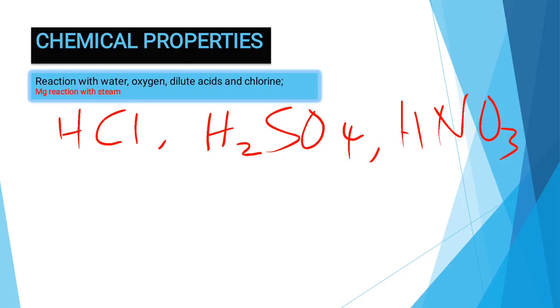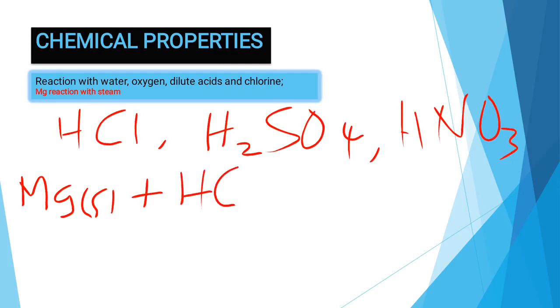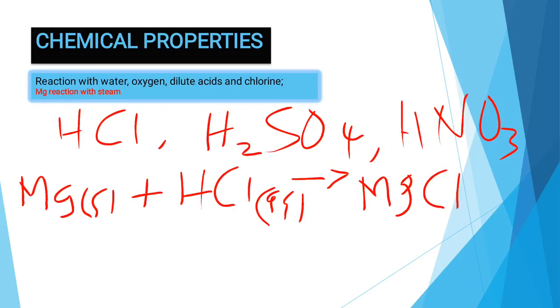Magnesium, it is a solid, will react with hydrochloric acid, which is aqueous, to form magnesium chloride, which is aqueous, plus hydrogen gas.